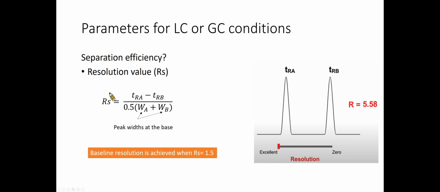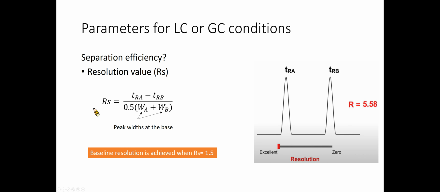Usually, the separation efficiency of two peaks can be described by the resolution value Rs, expressed as a ratio of the distance between two peaks to their average width. The baseline resolution is achieved when the resolution is 1.5.